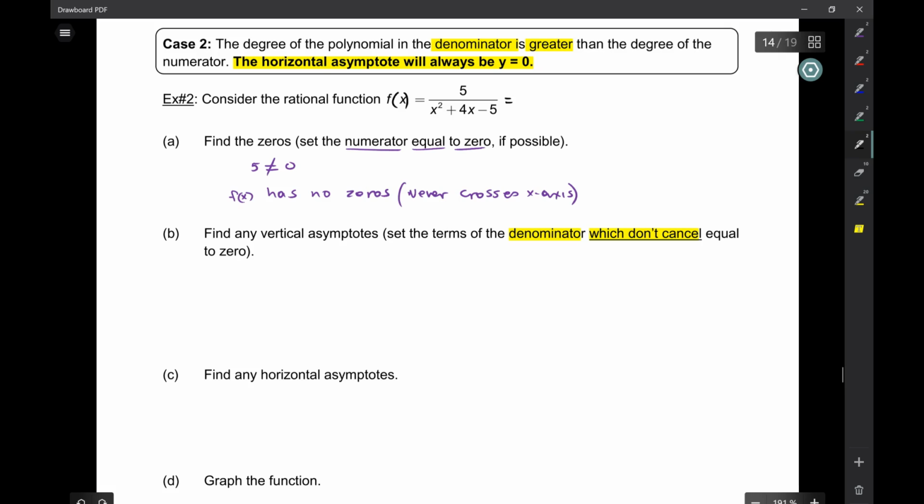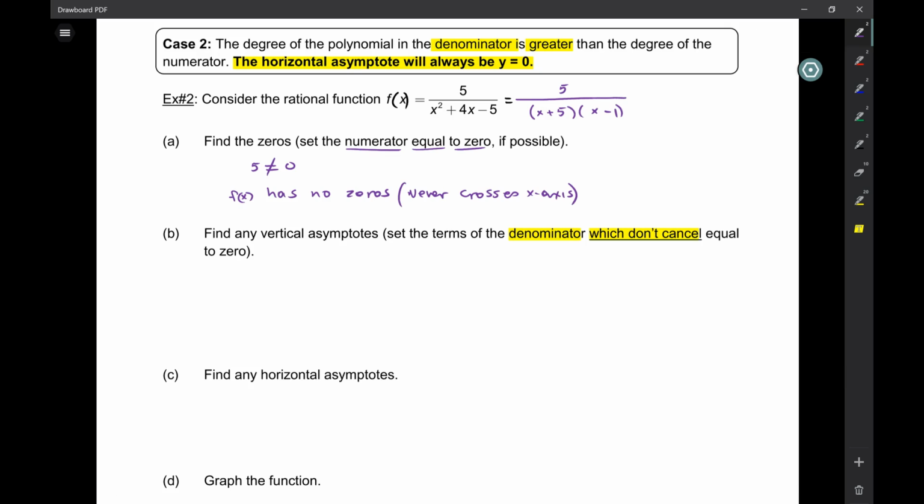The first thing I do when I see a rational function is try to factor it. So here we have 5 over, what's the denominator going to factor to? There you go, x plus 5, x minus 1. Now, does anything in the numerator cancel with anything in the denominator?